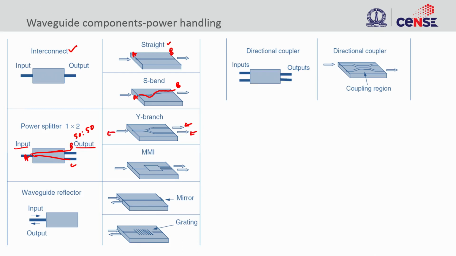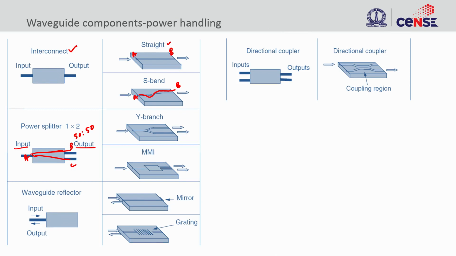So, splitter, combiner, these are reciprocal devices. So, we do not have to worry about how to combine light. You just change the direction of energy flow, then you get a combiner. All right. So, Y splitters, Y combiners, MMI splitters, MMI combiners, these are all just the same device.